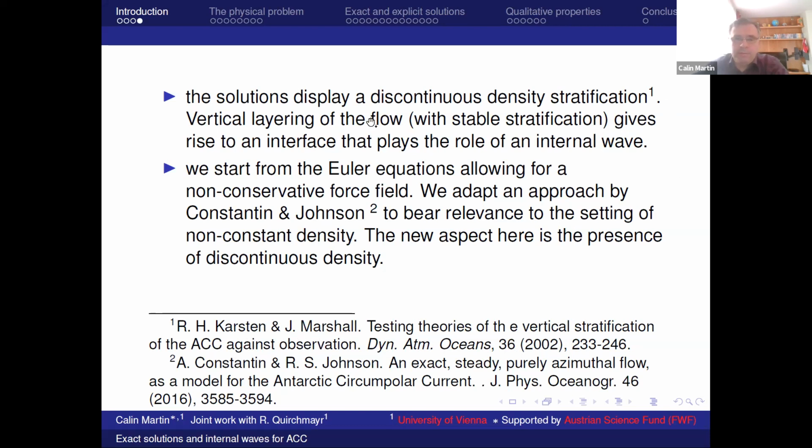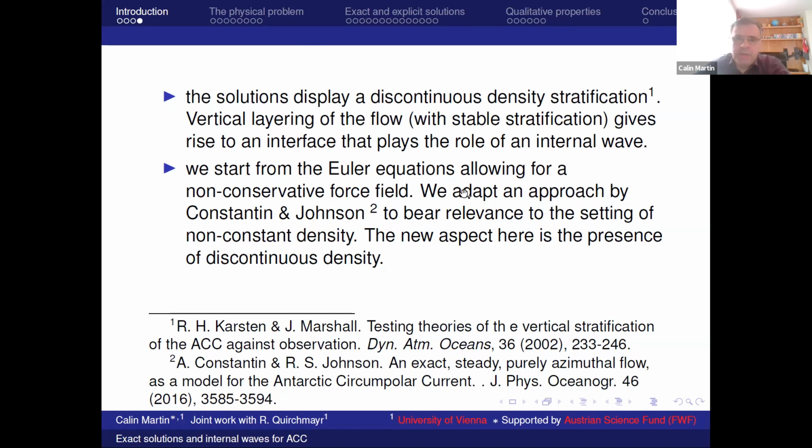This vertical layer of the flow gives rise to an interface that plays the role of an internal wave. So in order to reach our goal, we start from the Euler equations, allowing for a non-conservative force field. These Euler equations are written in a system of spherical coordinates that rotates with the Earth, so we are incorporating geophysical effects here.